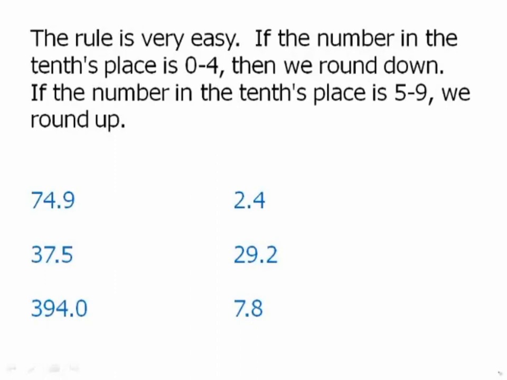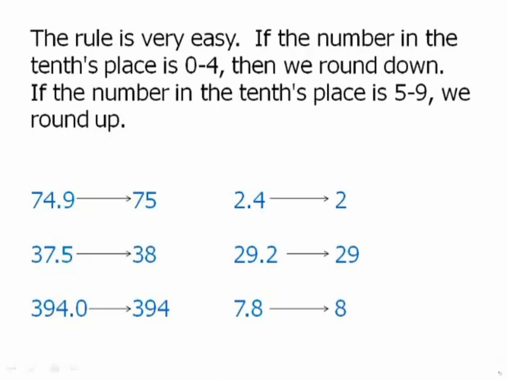So here, we'll select those, first of all, that are in the 0 through 4 category. Those all get rounded down. Now the other ones are in the 5 through 9 category. They all have digits in the tenths place that are 5 through 9. And of course, those ones get rounded up. So far, so good.